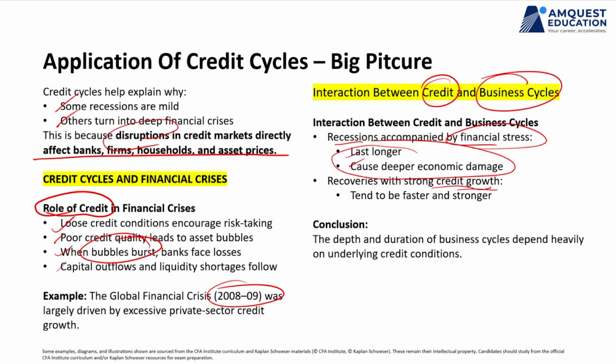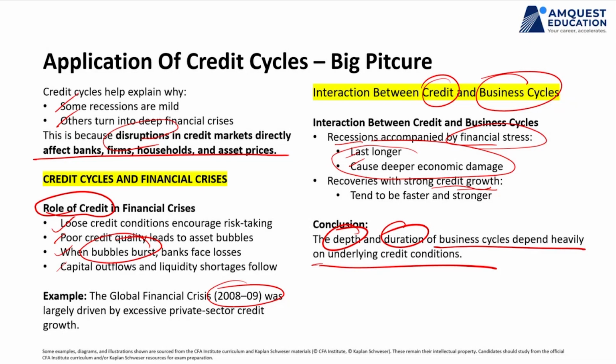So, like I told you some time back, the duration of every cycle is very different, and it completely depends on the conditions in the economy. So the depth and duration of the business cycles heavily depend on the underlying credit conditions.